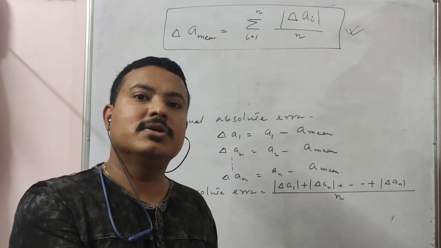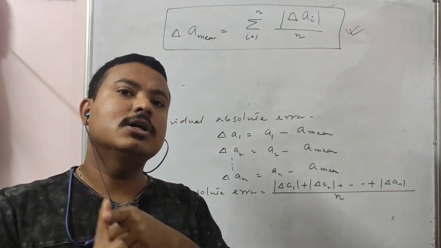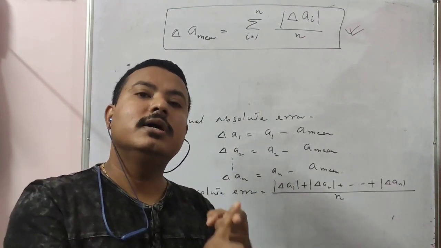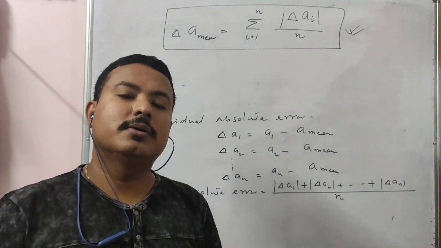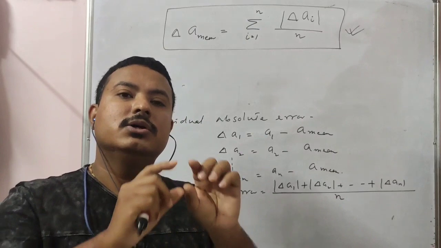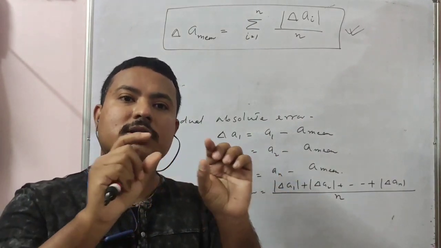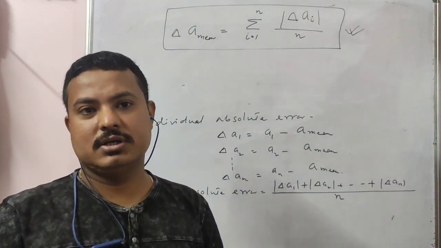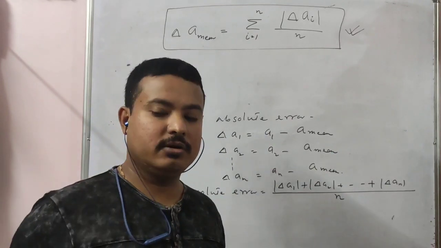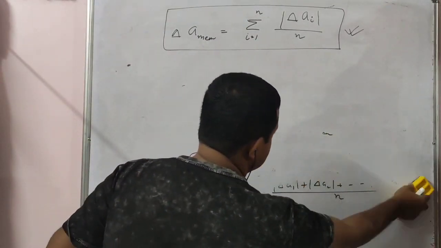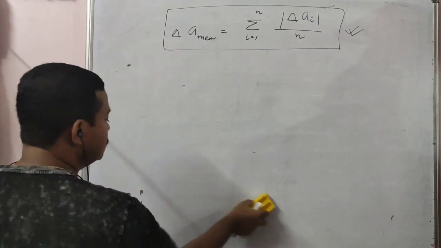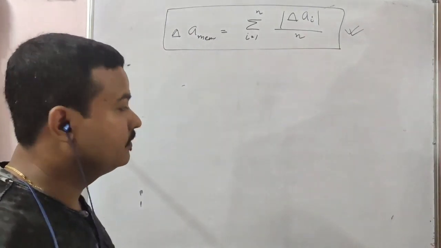Subtract the true value from the measured value, that gives you the individual absolute error. Then you find the mean absolute error. You take the average of all the individual absolute errors, that gives you the mean absolute error. So this is all about absolute errors. Now come to relative error.